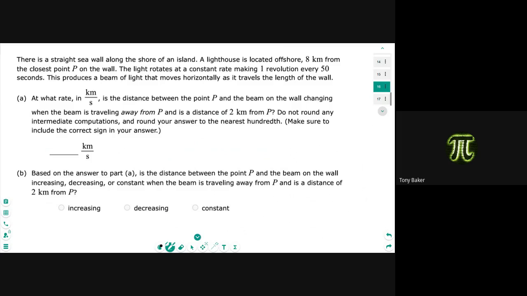This one's a trig problem. So you'll have one that's similar triangles and one that's trig. That's when we're talking about related rates. Those are the two types of related rate problems I said we were going to have. Yeah, this one, that word makes a difference. So when you're reading it, traveling away or traveling towards, that matters. Okay.